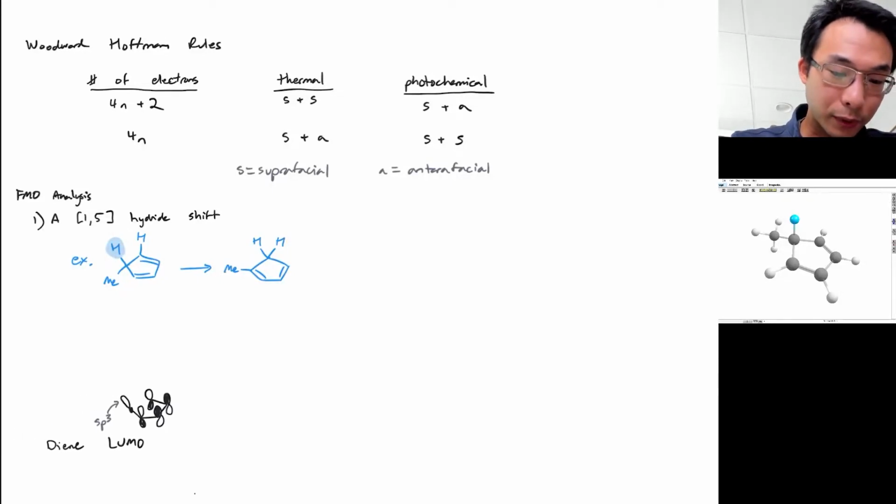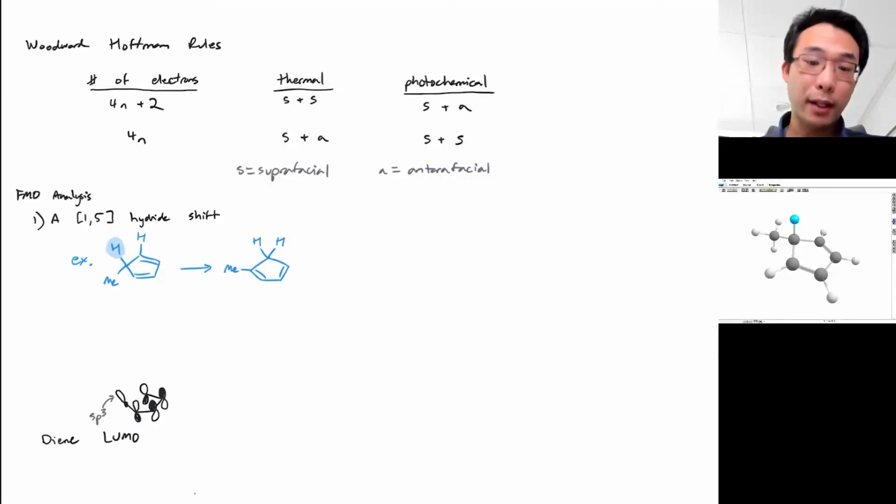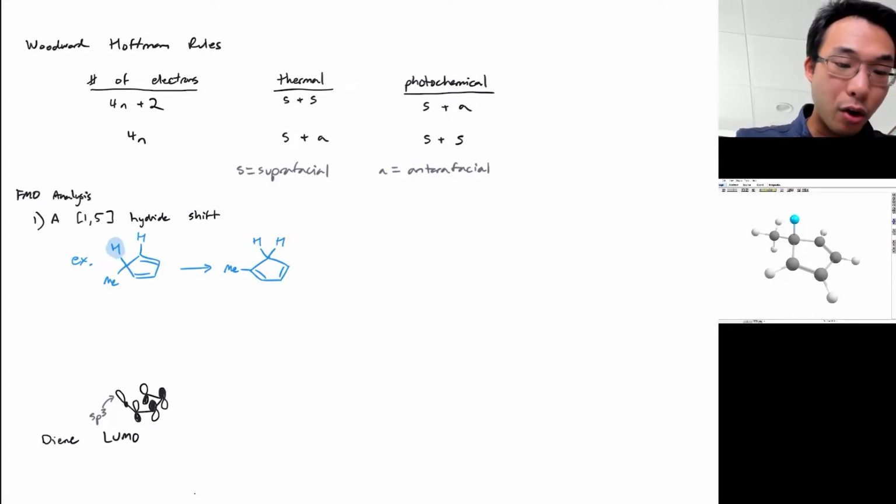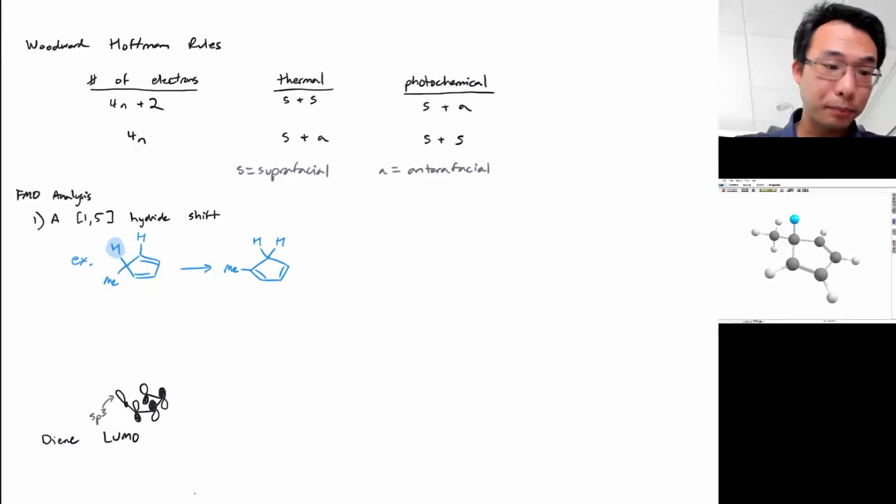This is going to be different from cycloadditions because we have a sigma bond involved. So what we'll do is to think of the HOMO of the group that's shifting and the LUMO of the other pi system. So if we look at that, then the diene is the LUMO, just these 4 atoms here, part of a 4-atom pi system.